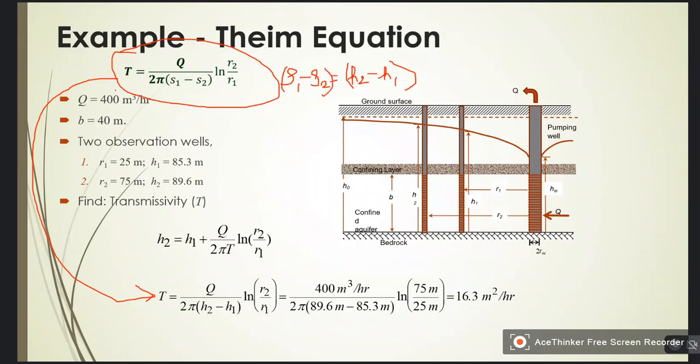So this can be replaced by this. So this is the equation.